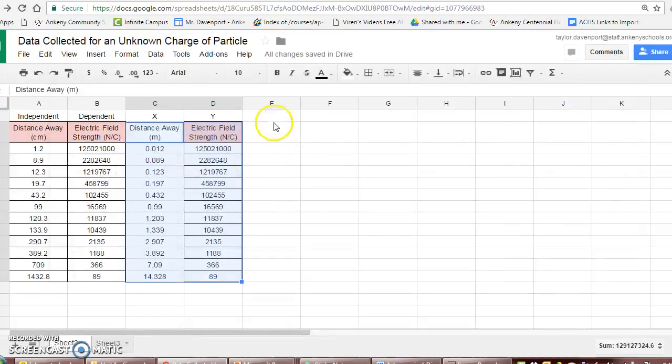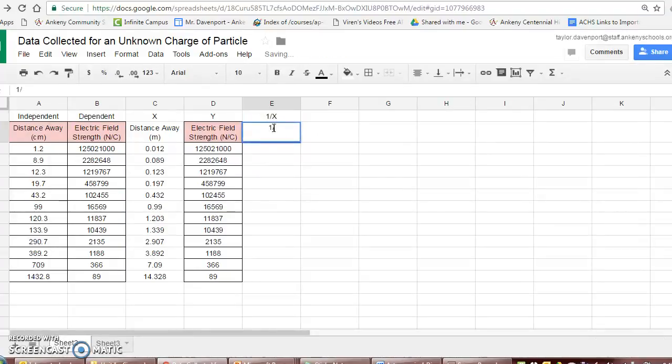So I need to now create a column that will graph 1 over X, or 1 over my distance. And so I'm going to again create a formula in my first box that will calculate it for me to eliminate any math that I would have to do myself.